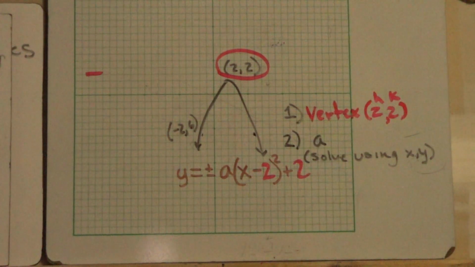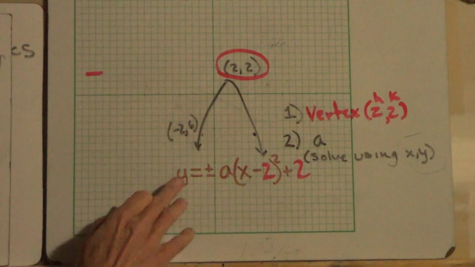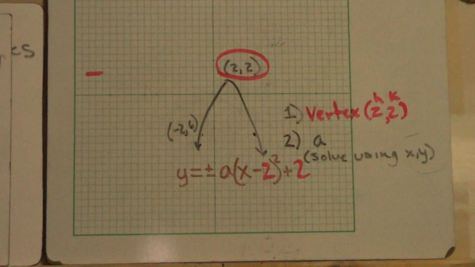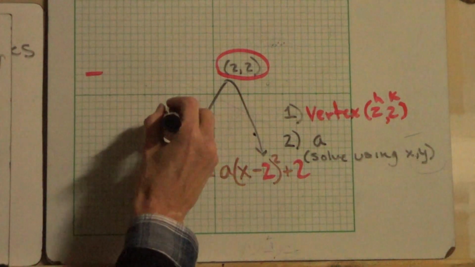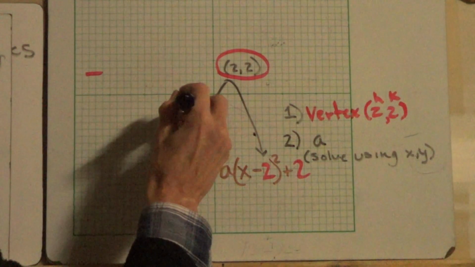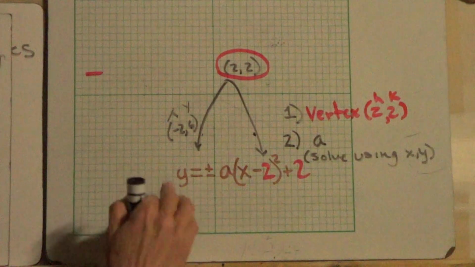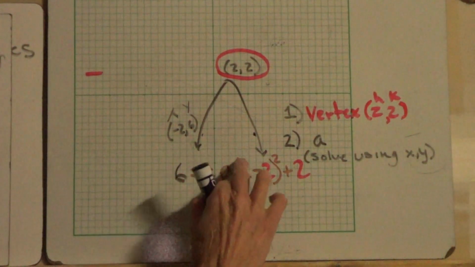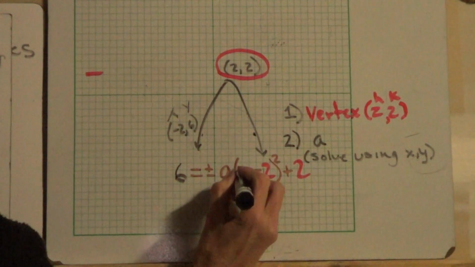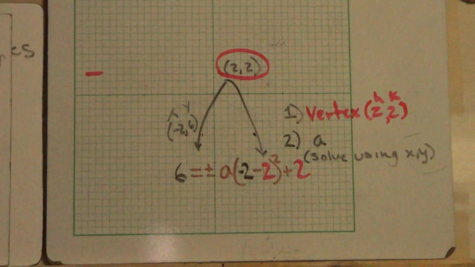Okay? Now for a, we have to solve. So you have to be given 1 point because you need to be able to plug in an x and a y value. This point that it goes through at negative 2, 6, that's your x is negative 2, your 6 is your y. So I can replace y with 6 and x with negative 2. And now I can just solve for a.